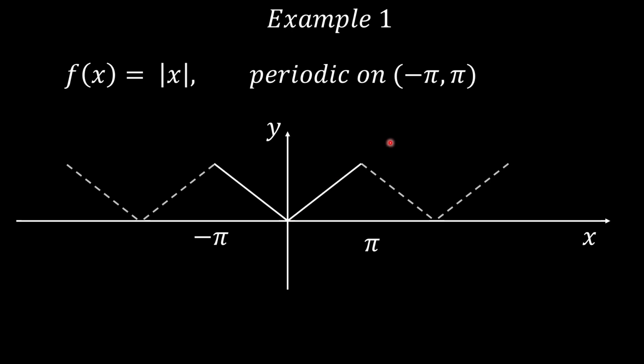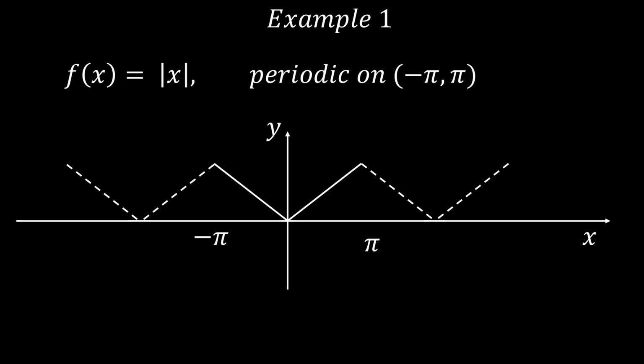So when you allow it to repeat itself, you get such an expression where we have 2 pi here, and so on and so on. So that is what we're going to look at.